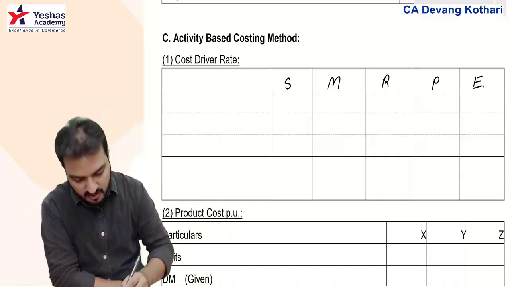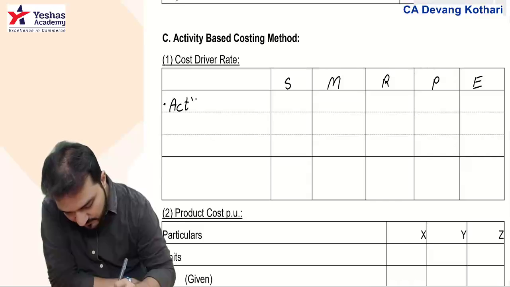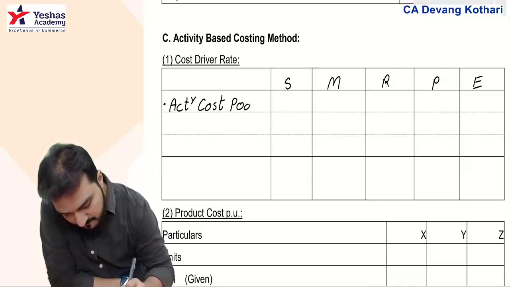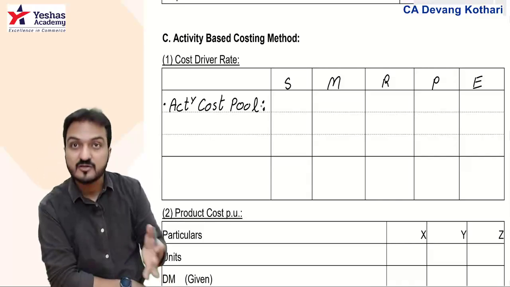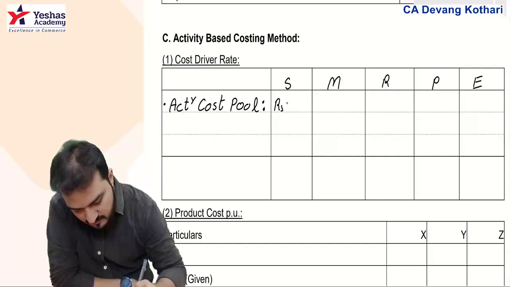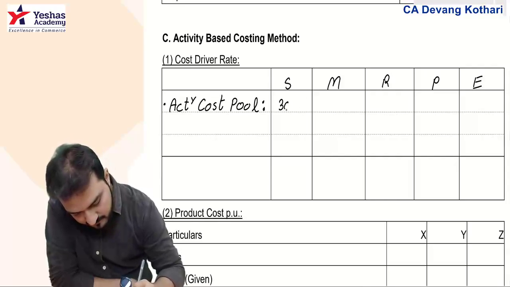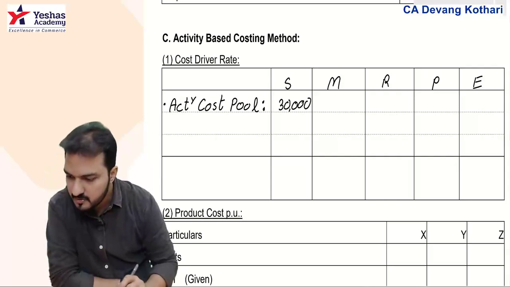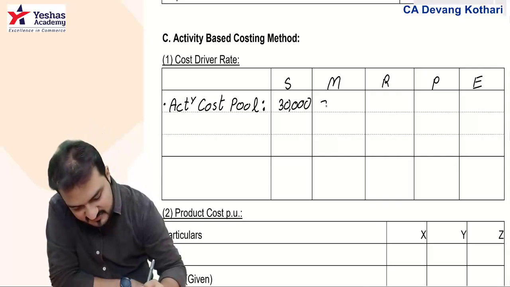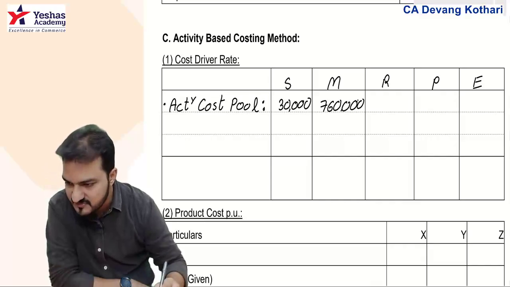Now under each column you need to put first the activity cost pool, meaning the total cost. Total setup cost that you are given is rupees 30,000. Total machining cost you are given is 7,60,000.